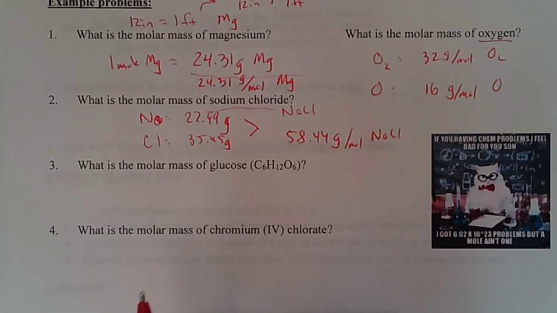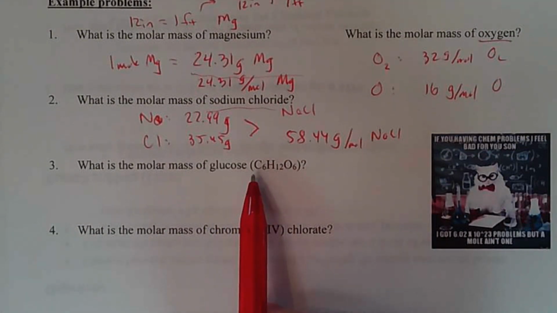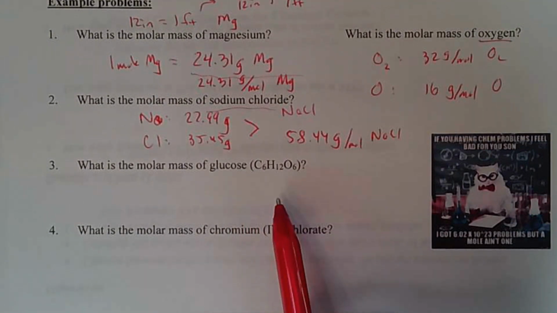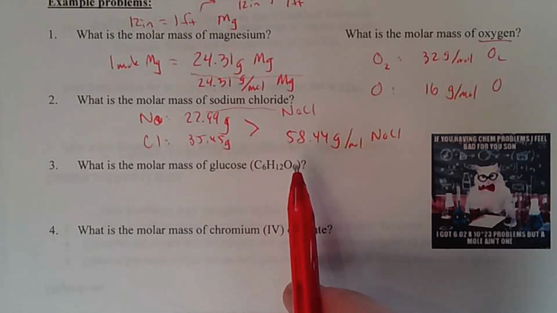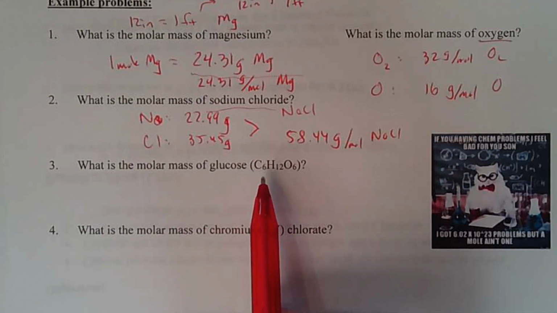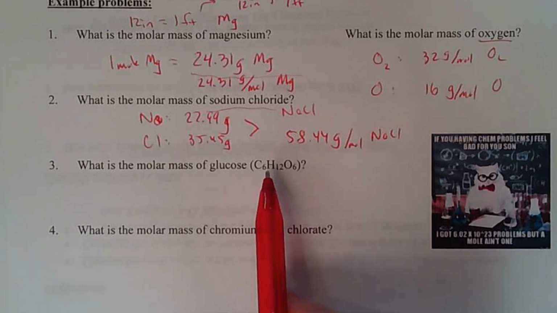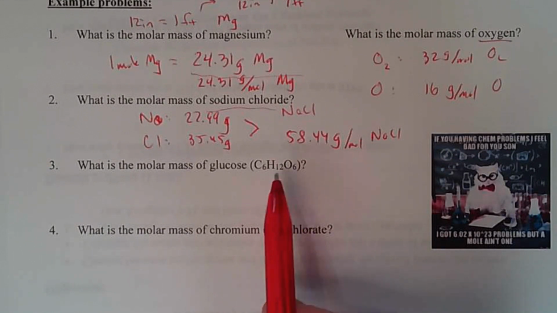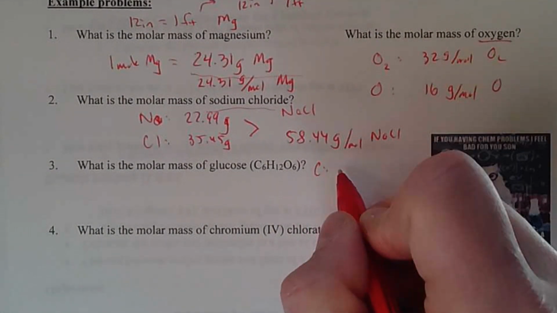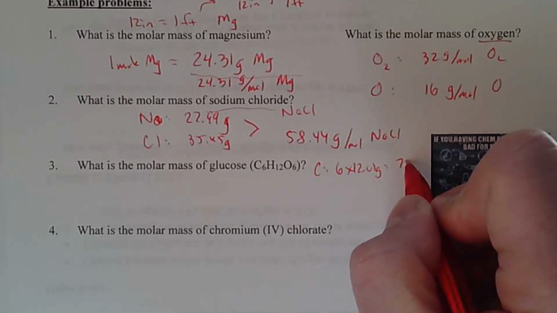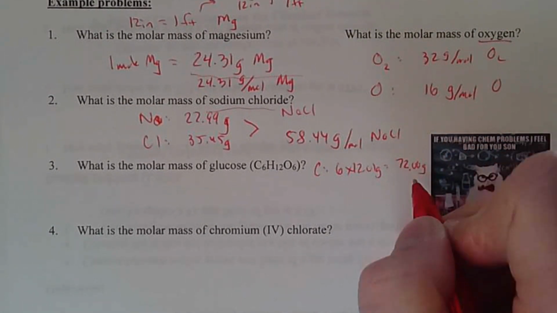And if you're confronted with something like glucose, and you're given the formula C6H12O6, the one thing you don't do is just take 1 carbon, add it to 1 hydrogen, add 1 oxygen, and say that's your molar mass, because that's not true. You've got to take these subscripts into account. So to find the molar mass of this compound, you add 6 carbons together with 12 hydrogens and 6 oxygens. The carbon is 6 times 12.01 grams, or roughly 72.06.